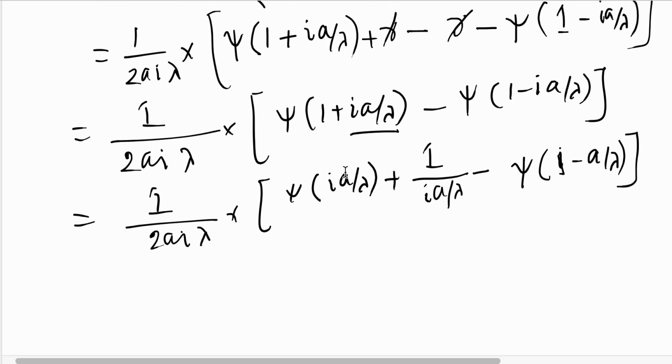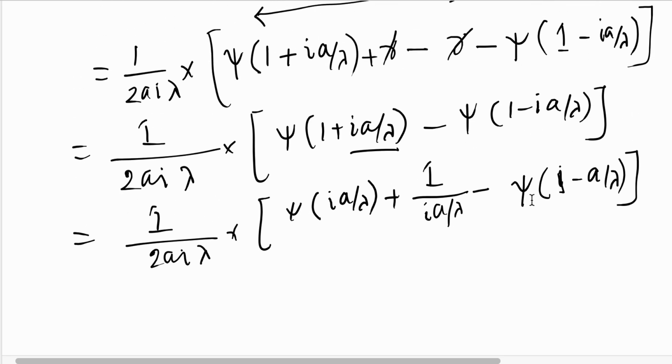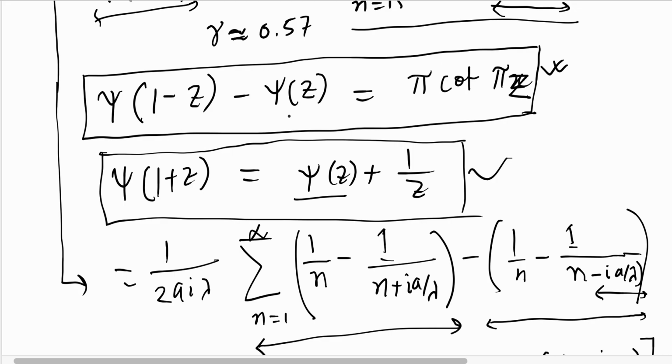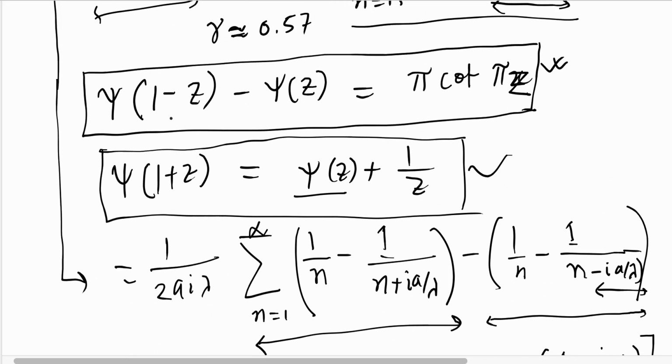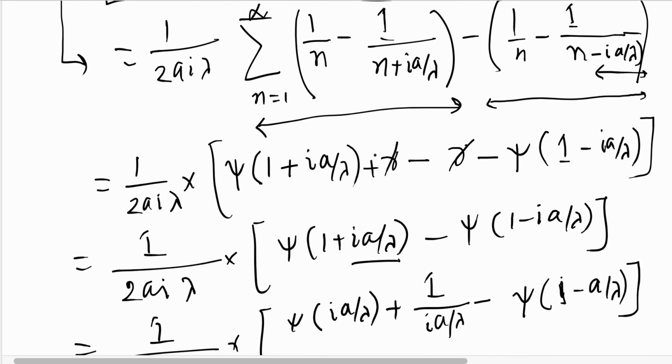Now I can directly use this formula: psi of 1 minus z minus psi of z.